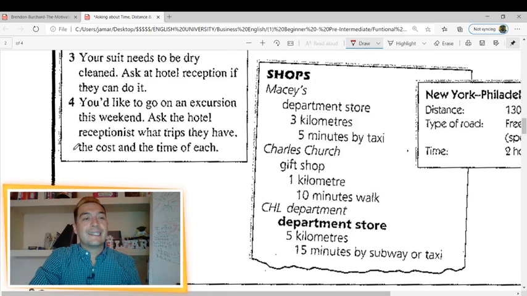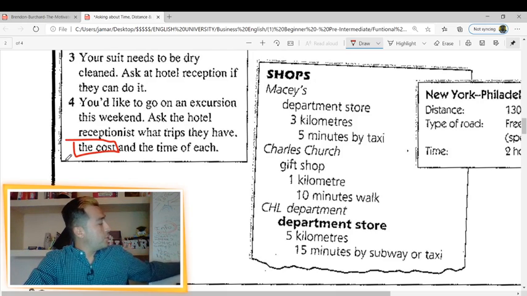Next, ask about the cost. We need something longer, right, for the cost. How much is, are, do, does? Is, okay.